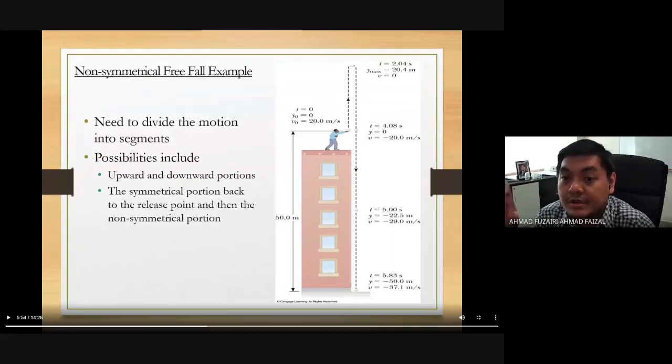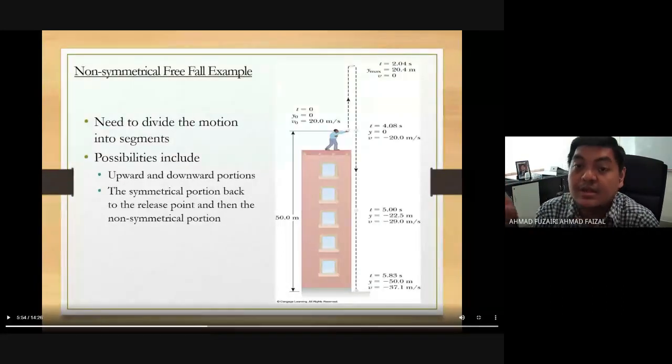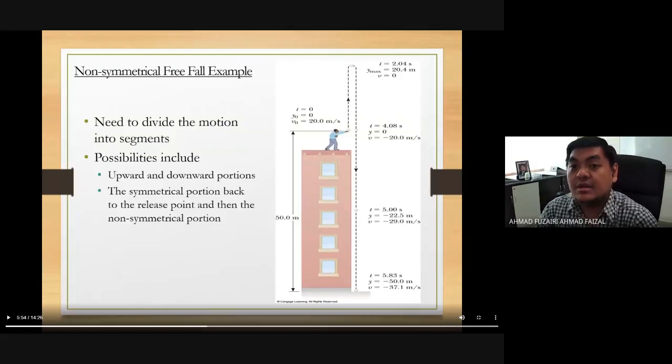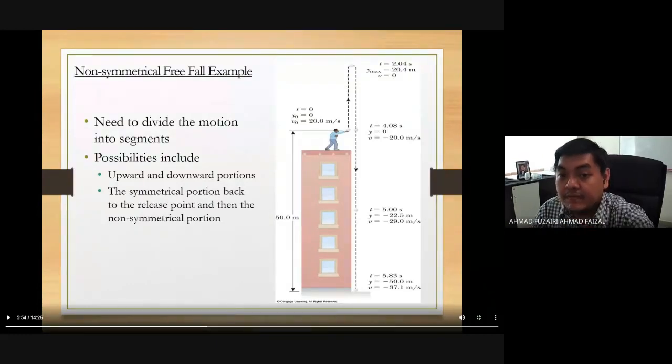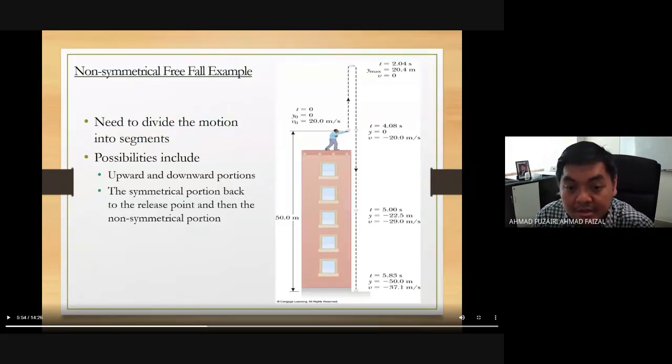When you have t, you can use that t in the next equation so that you can get 20.4 meters. Then it goes back to the original position, but of course the ball is thrown past the edge of the hand, and the ball will continue to fall downward. That falling downward is considered non-symmetrical motion. So we need to find another time.